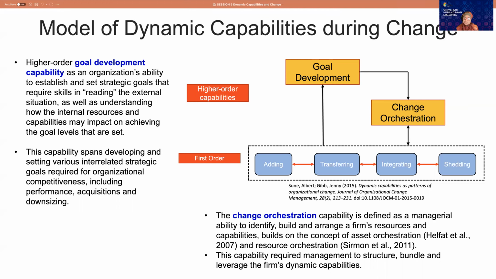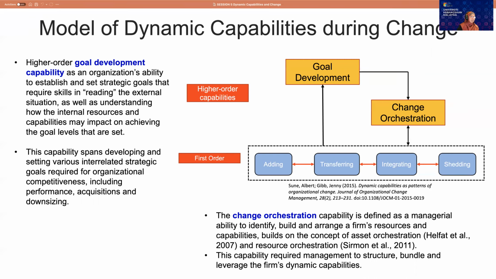The word orchestration basically is combining all the elements, in this case assets and resources, and you combine them in a creative way in order to create new capabilities. Okay, so this capability requires management to structure, bundle, and leverage the firm's dynamic capabilities. And with that, dynamic capabilities can be enhanced during change.